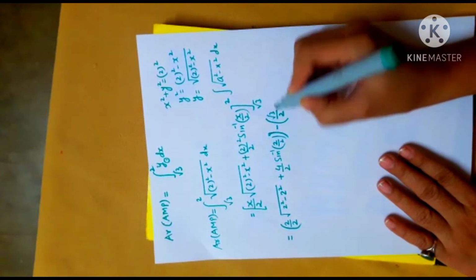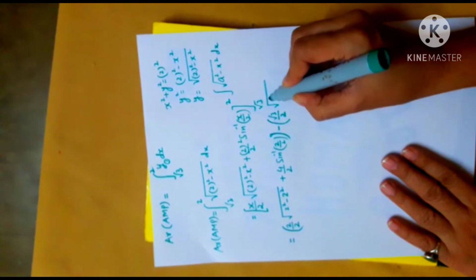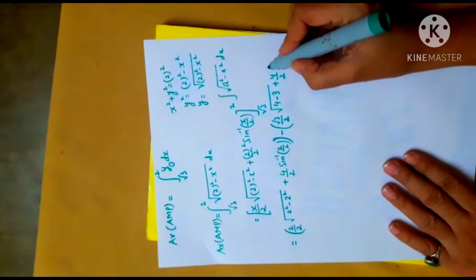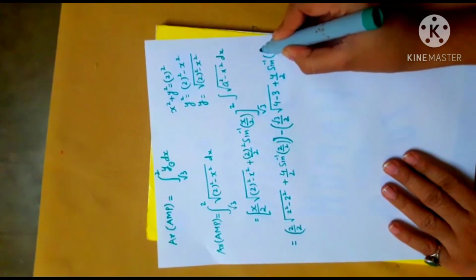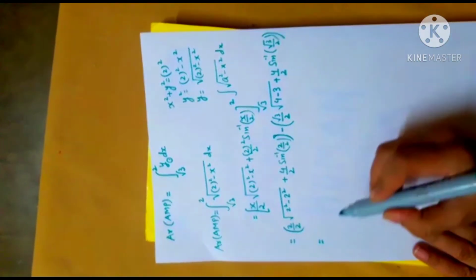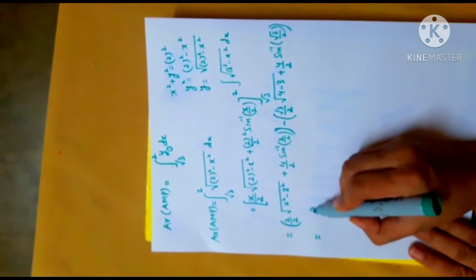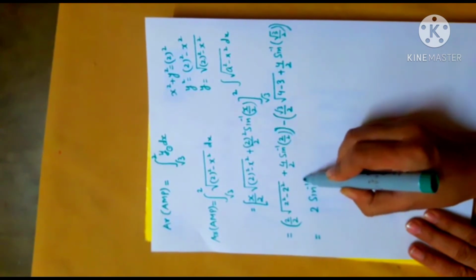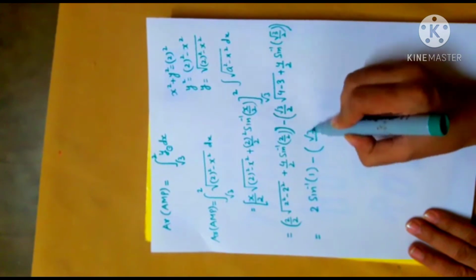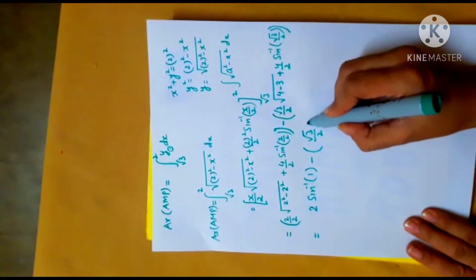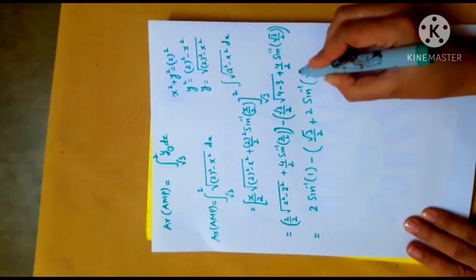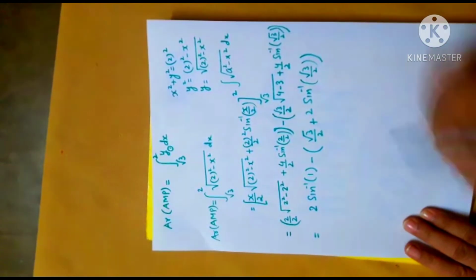So I'll get root 3 by 2 into square root of 4 minus 3, plus 4 by 2 sine inverse root 3 over 2. So this will be 0. Here it is 2 into sine inverse 1, minus root 3 by 2 plus 2 into sine inverse root 3 by 2.